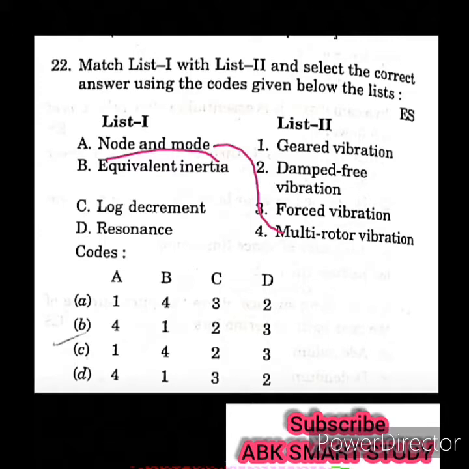B: equivalent inertia in geared vibration. C: log decrement in damped free vibration. And D: resonance in forced vibration. So here option B, 4, 1, 2, 3, is the correct answer. Next question.